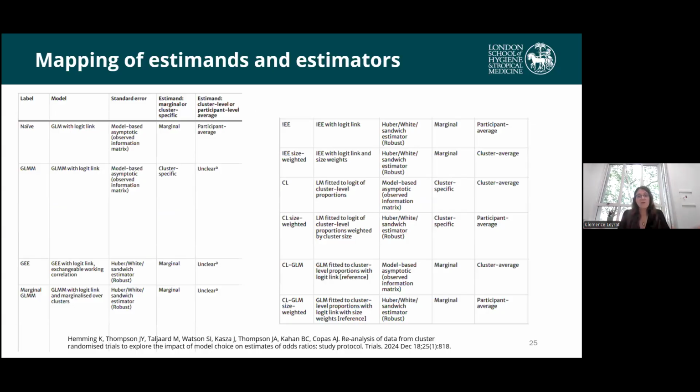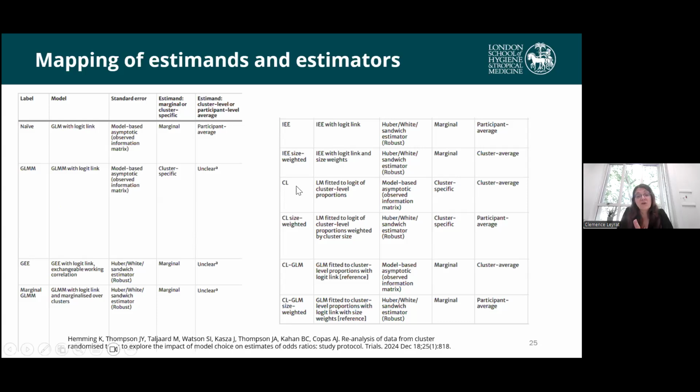So this table looks horrible, but it's from a paper by a colleague where they are planning to reanalyze cluster randomized trials, and they map every standard method commonly used to analyze cluster randomized trials to the estimand. I'm not asking you to look at what's written there, but the message is, the great thing is that whatever estimand you want to get, you will find a suitable estimator implemented in statistical software.